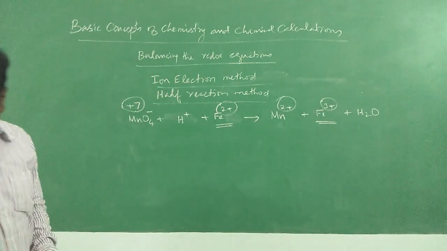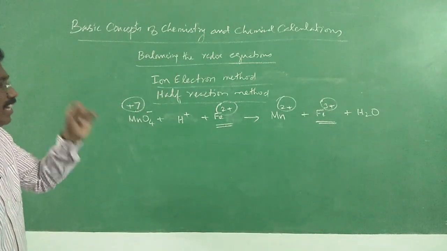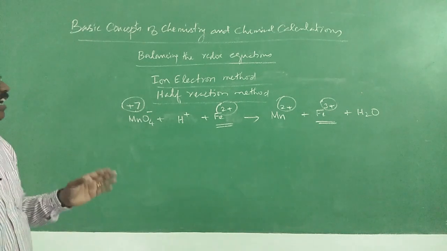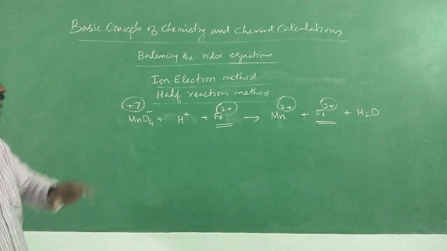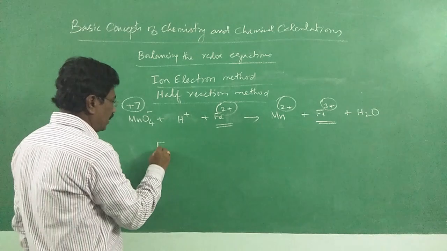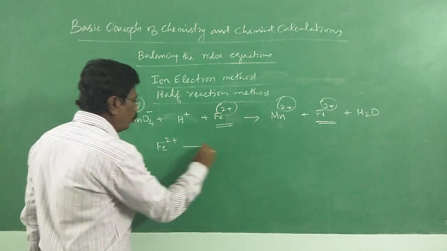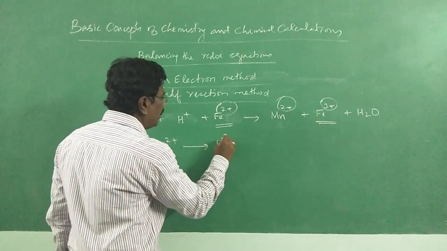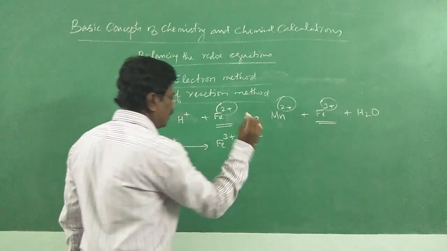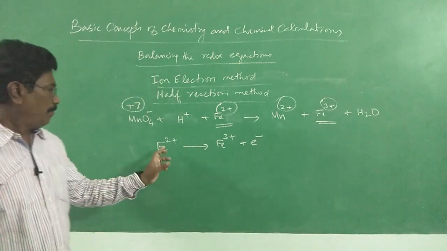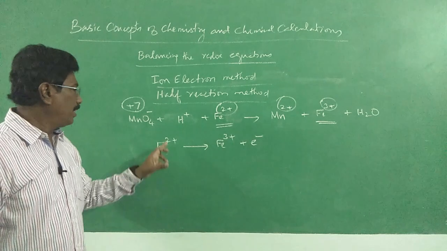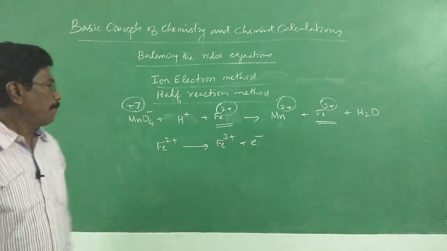Now, let us take the half reaction involving only oxidation and another half reaction involving only reduction. Where oxidation is involved, Fe2 plus loses an electron to become Fe3 plus. It is oxidation. It loses just an electron, because from plus 2 it is oxidized to plus 3.